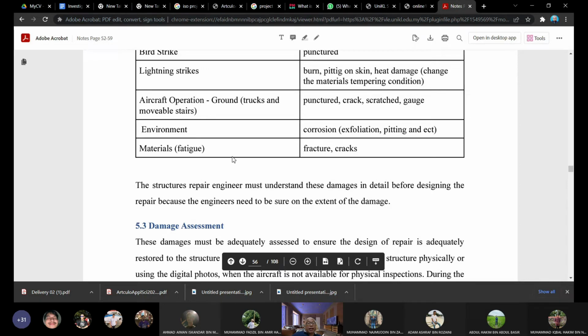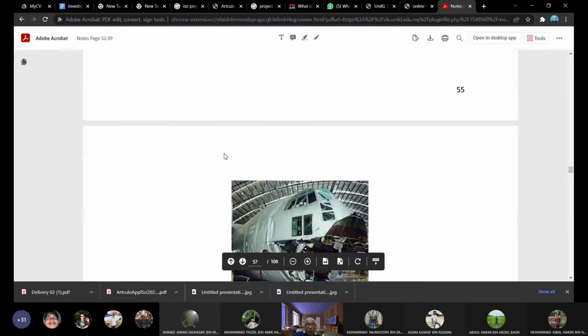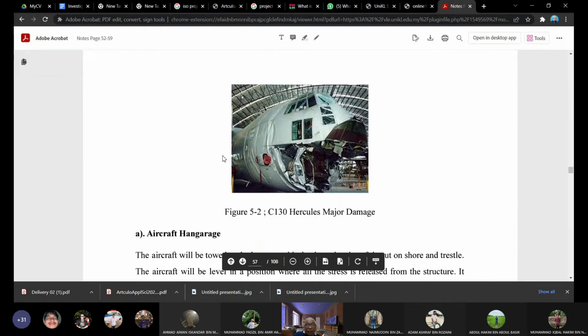Okay, next, damage assessment. All this structure has to be assessed for damage. There are reports where you may receive word that the structure has been damaged. There are reports where you already have a complete damage report.